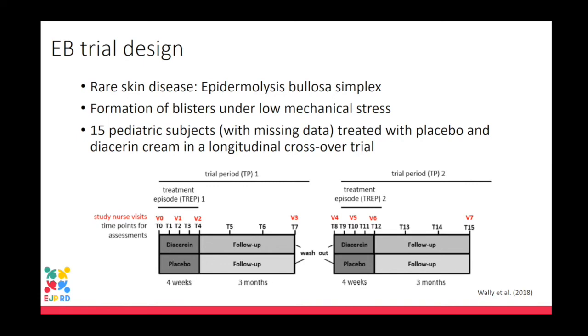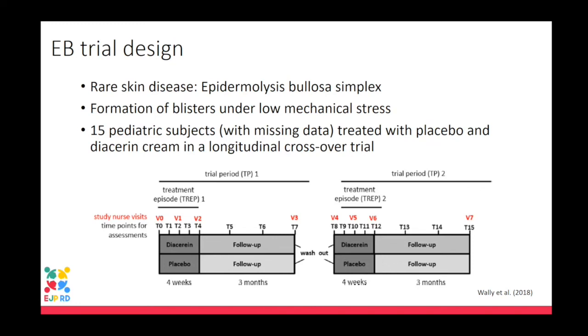Epidermolysis bullosa is a rare skin disease where patients have a genetic disorder in which part of the cytoskeleton of the skin is malfolded. And so with the least mechanical stress, those patients develop painful blisters. So you can imagine that the quality of life of these patients is quite heavily damaged.